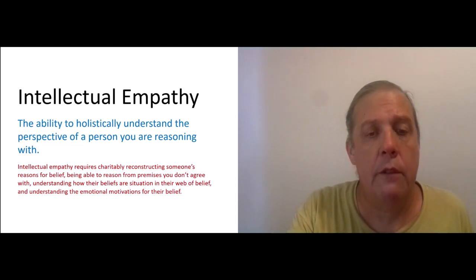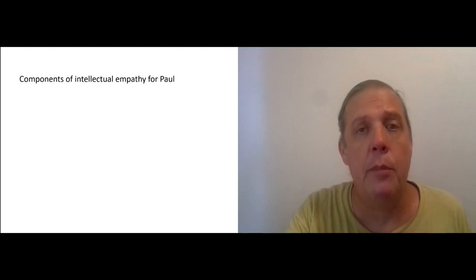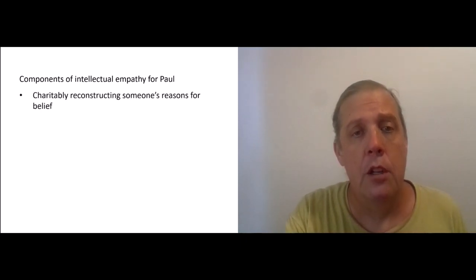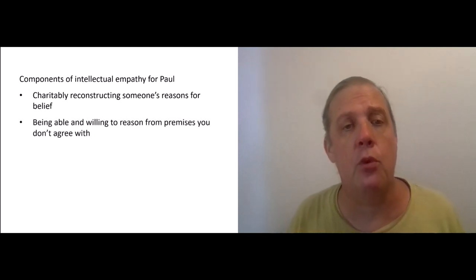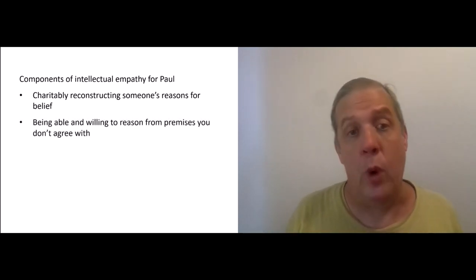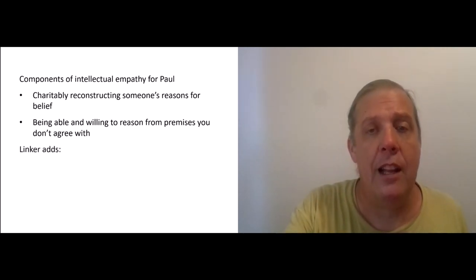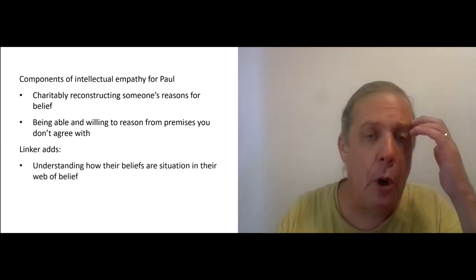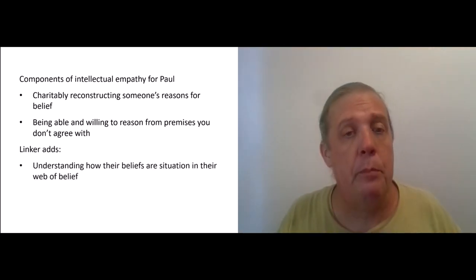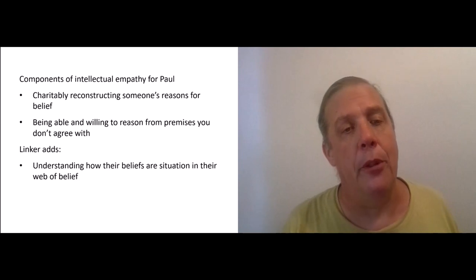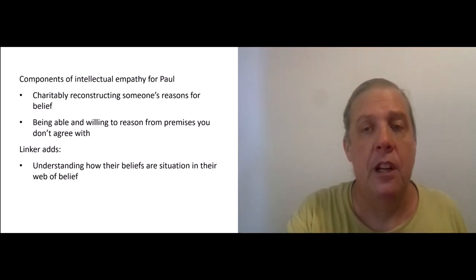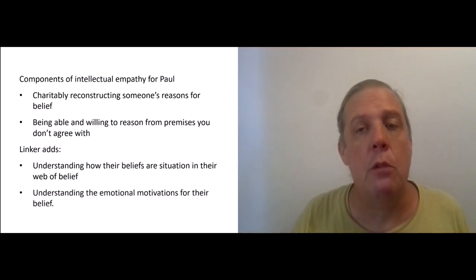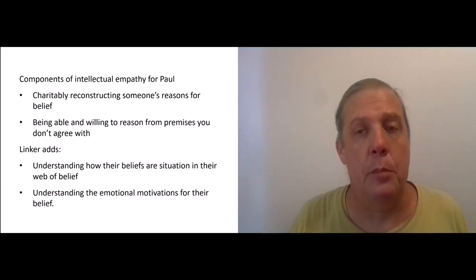So essentially what I've done here is I've combined the two elements of intellectual empathy from Richard Paul, charitably reconstructing someone's reasons for their belief and being able to reason and willing to reason from premises you don't agree with, and adding some stuff from Linker, where you understand how people's beliefs are situated, there's a typo there, in their web of belief, and understanding their emotional motivations for their belief.